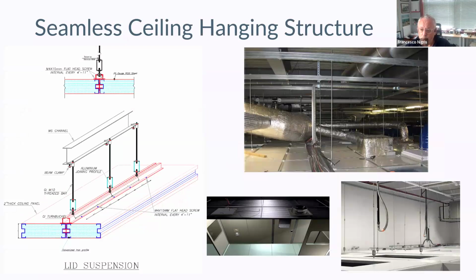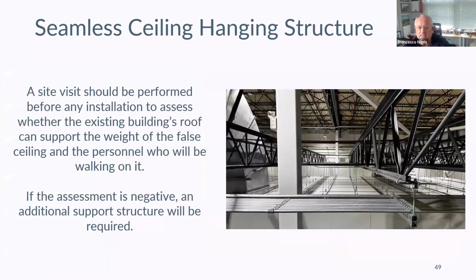Something very important to consider is that when you talk, for example, of the walk-on ceiling, you need to be sure that the existing structure is able to support the weight required by the walk-on ceiling.